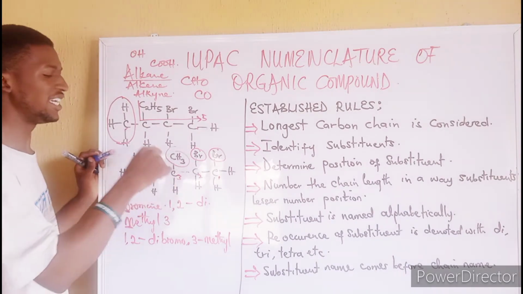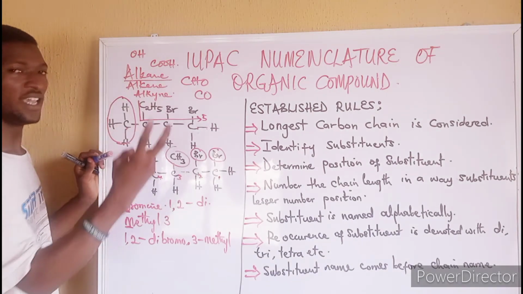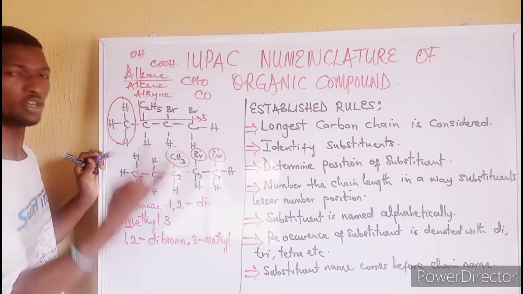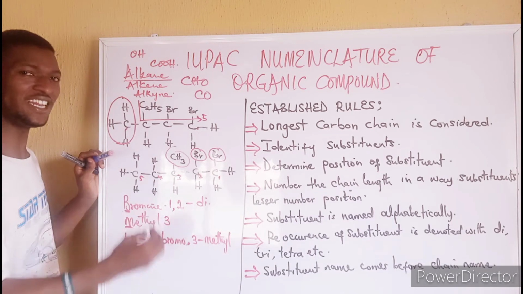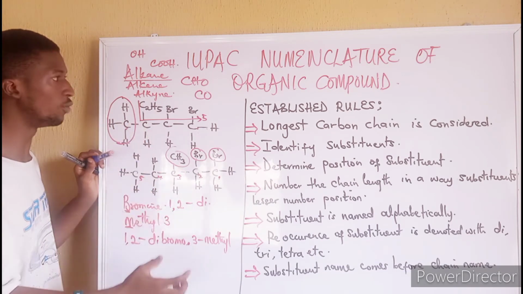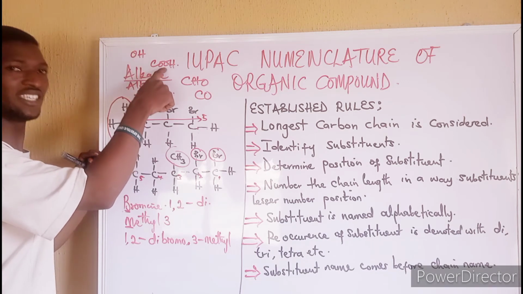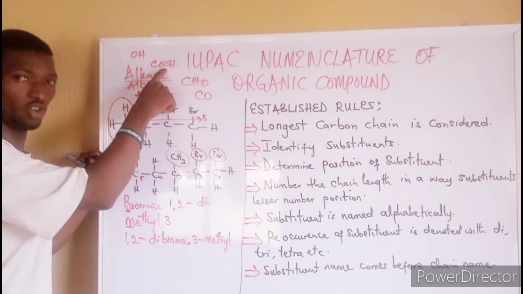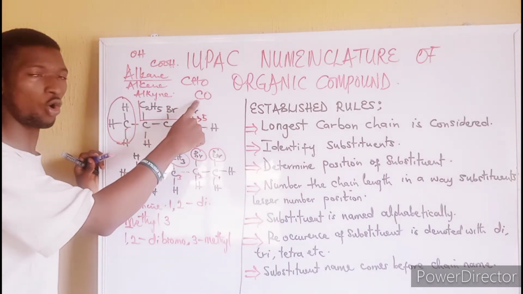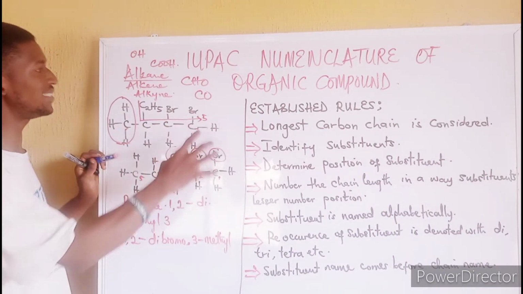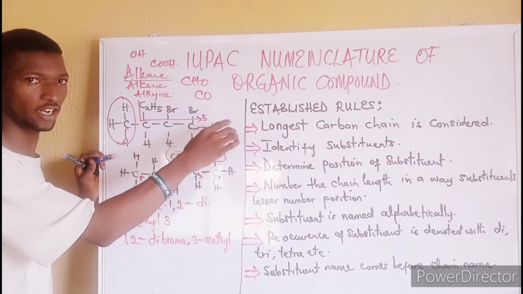Now to determine the name of the chain length, the name is dependent on the bond that is present in the chain. If it is a single bond, it is called alkane. If it is a double bond, it is called alkene. If it is a triple bond, it is called alkyne. But if this particular chain is carrying another functional group, as in the case of OH, which is alkanol, COOH, which is alkanoic acid, CHO, as in aldehyde, or CO, then the name of the chain will be dependent on this functional group.